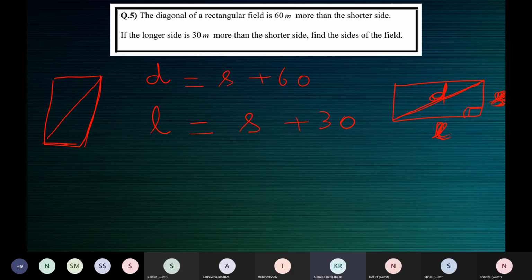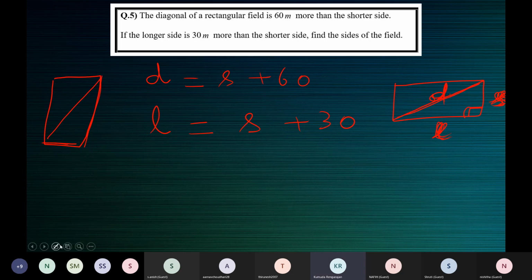So you just have to take some expressions for the longer side, shorter side, and diagonal and connect the expressions using Pythagoras theorem. That will give you the equation, solve, find the value of x, and hence find the longer side, shorter side and the diagonal.